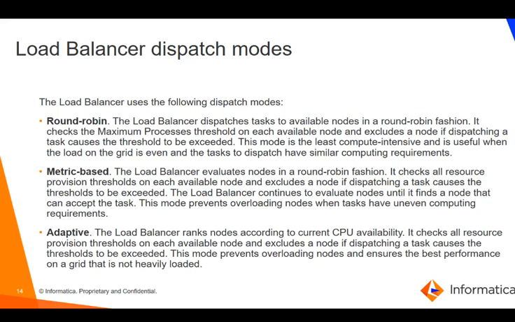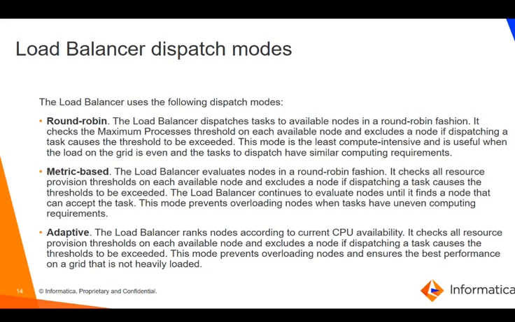If there are three nodes, node 1, node 2, node 3, the first task it will assign to node 1, the second to node 2, the third to node 3, the fourth again to node 1.